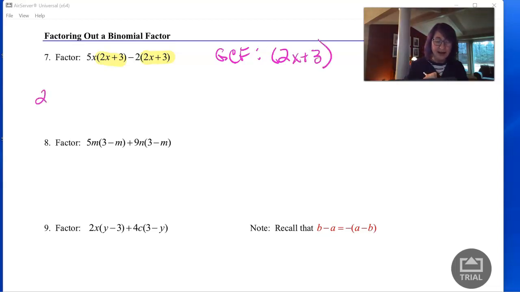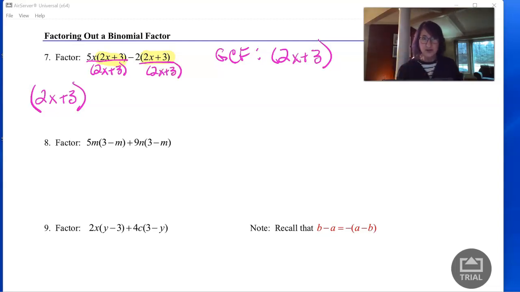So I'm going to pull out the 2x plus 3. I'm going to put parentheses around it because that's how my factor is presented. I'm going to show you that if I put it underneath to divide into each of those terms, whatever is left over is going to come into the parentheses, just like we were just doing.